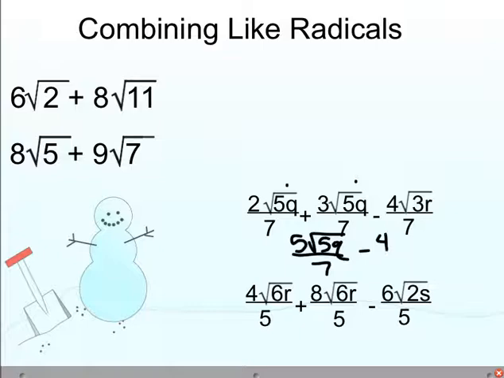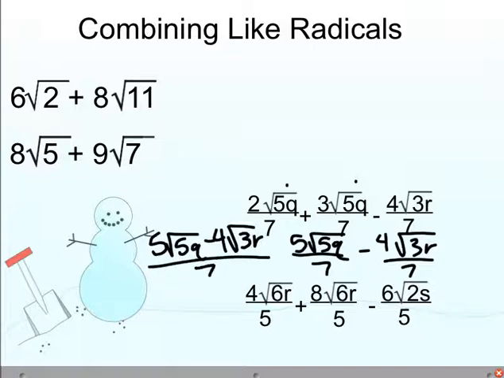The question is, can we combine it with root 3r over 7? And we say no. Because those radicals are not the same, we cannot combine them. The only other way to write them is still separated as 5 root 5q minus 4 root 3r, but because they have the same denominator, we can put them over one denominator.